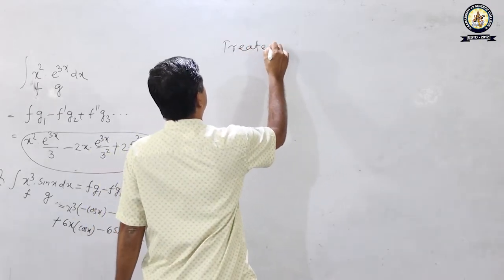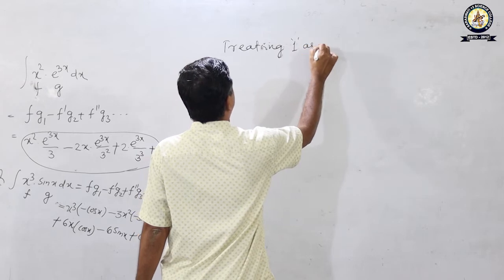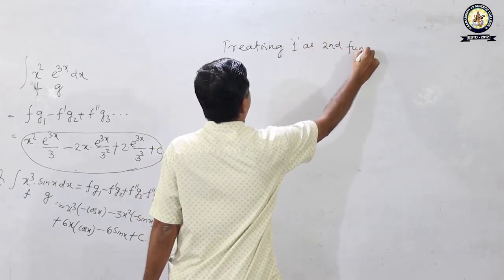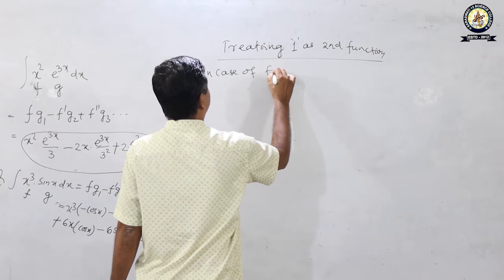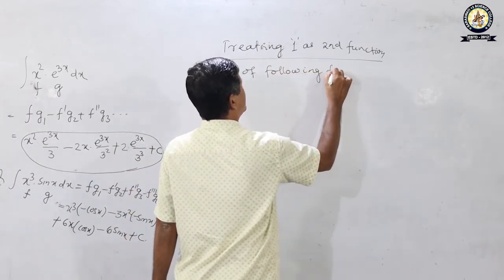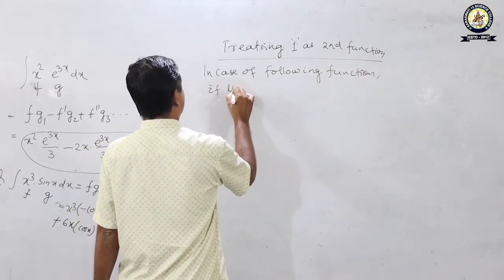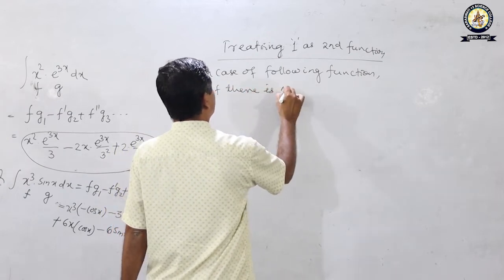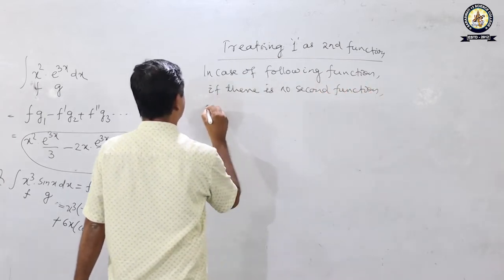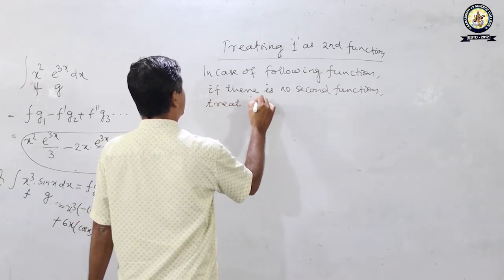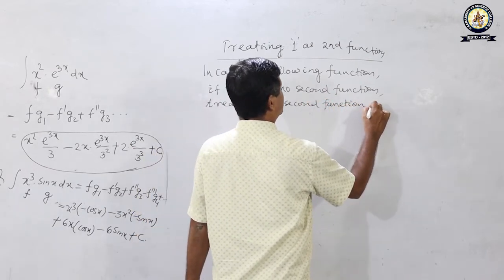In the case of the following functions, if there is no second function, treat one as the second function and use integration by parts.